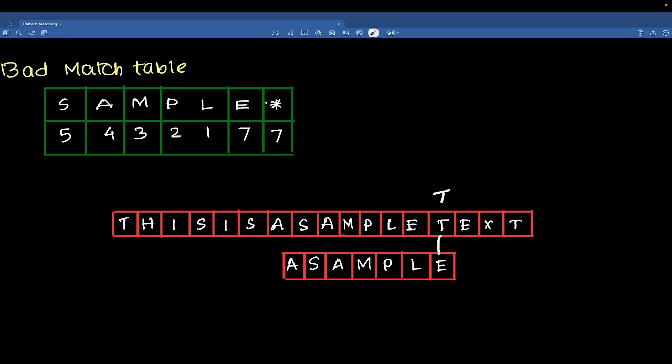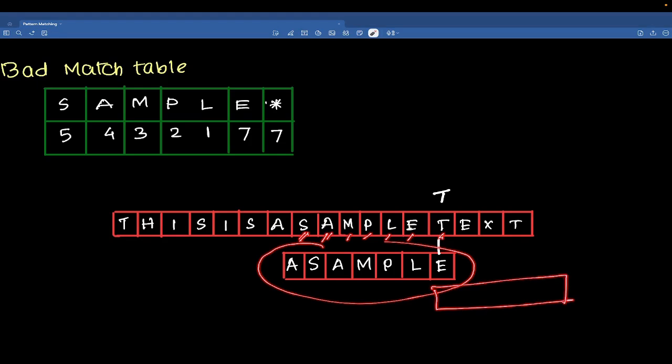So we will move this pattern 7 characters, or 7 places, in the main text: 1, 2, 3, 4, 5, 6, and 7. That is, in the next iteration, we will place the pattern starting A just below T.